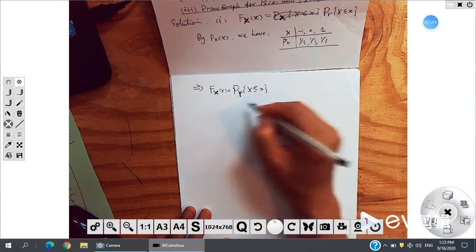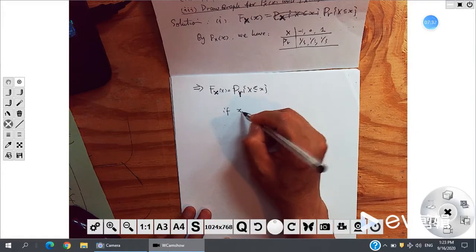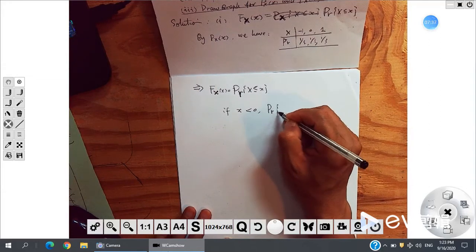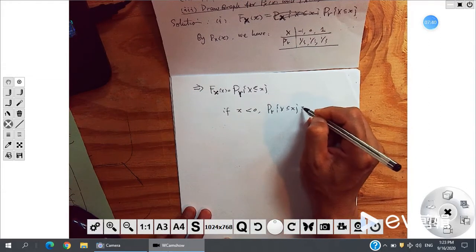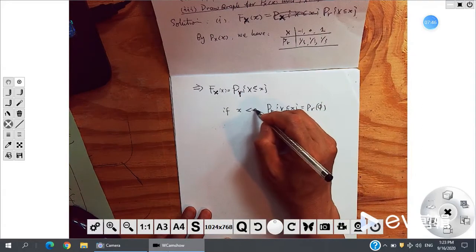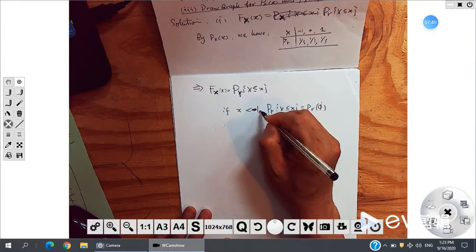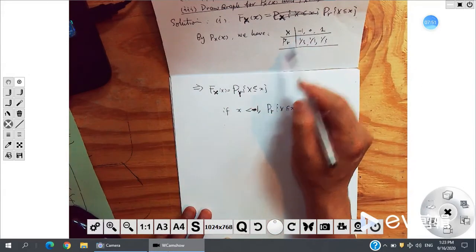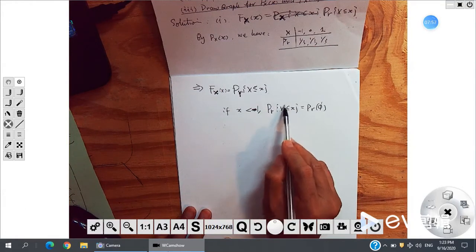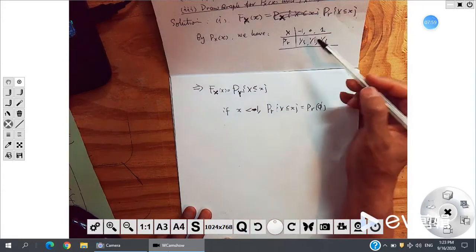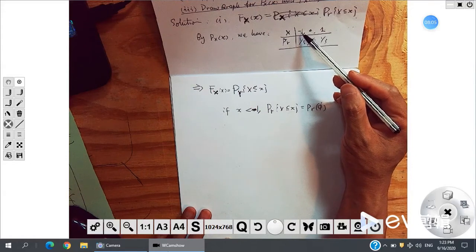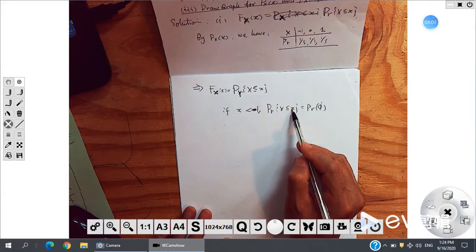So if x is a number smaller than -1, then the probability of capital X smaller than or equal to x is zero, because the smallest value of capital X is -1, and lowercase x is even smaller than -1.